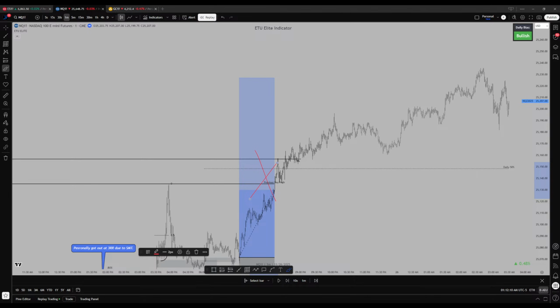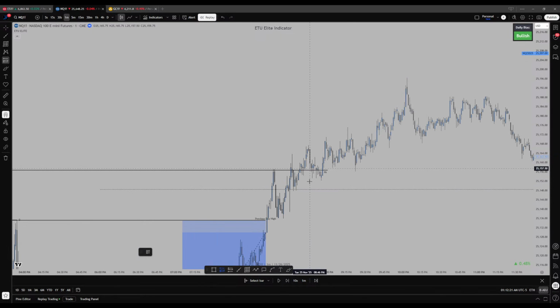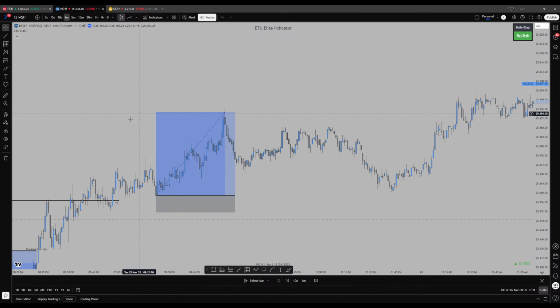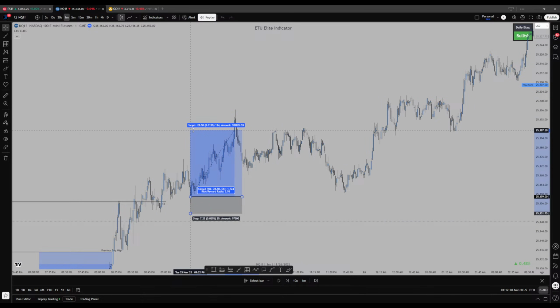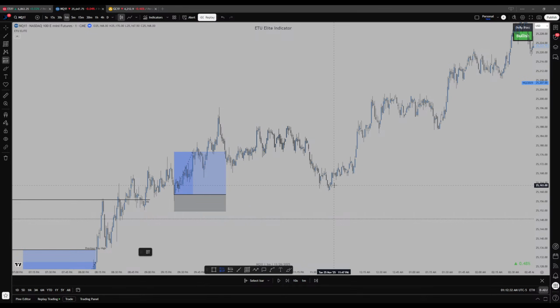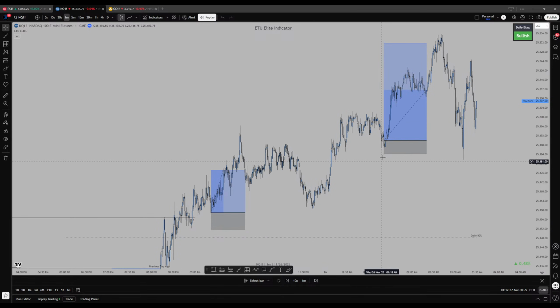Now the problem here is that I can catch a 6R here, and then maybe try to find something. Let me find a setup here right now, actually, real quick. My strategy. Another maybe 2R, make that 8. This example is not really something I'd take, but I'm trying to make a point here.